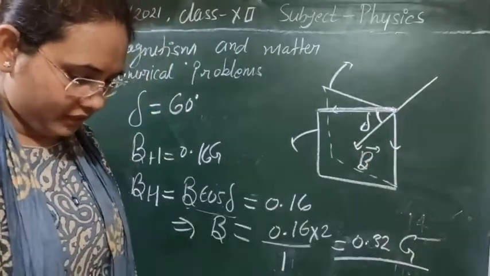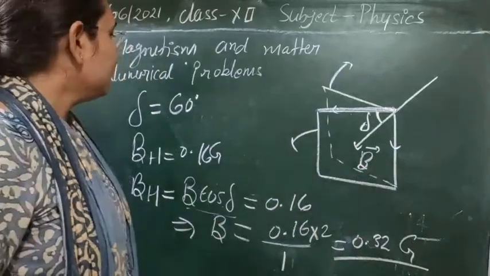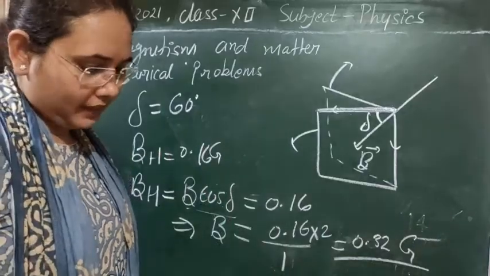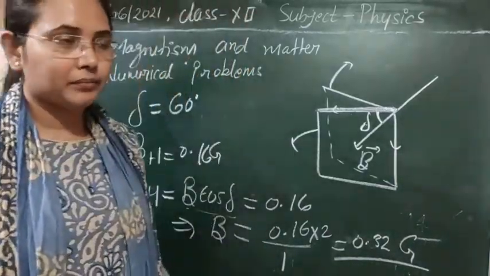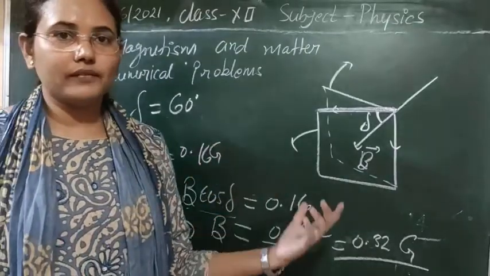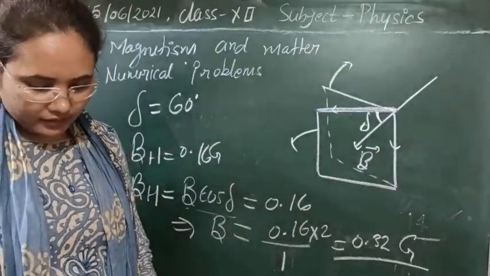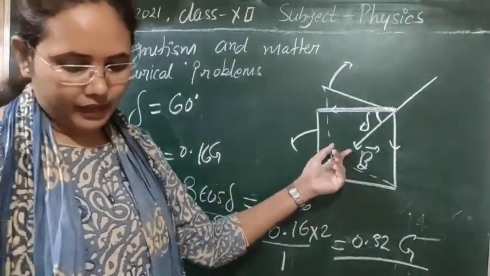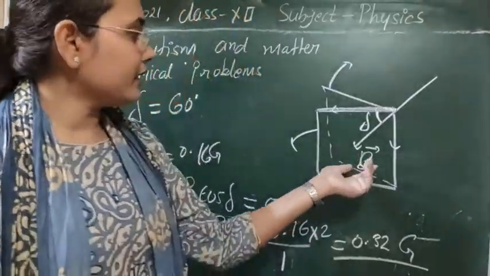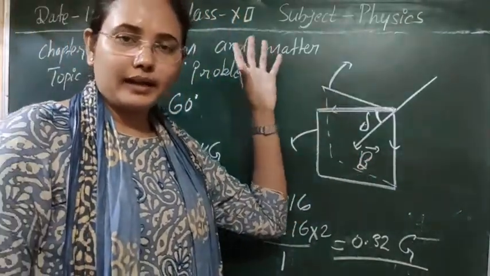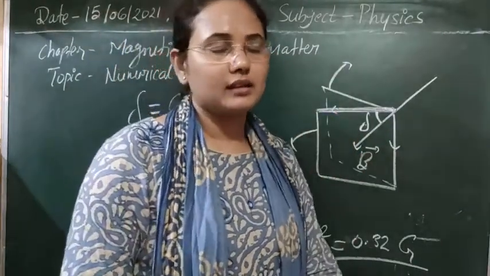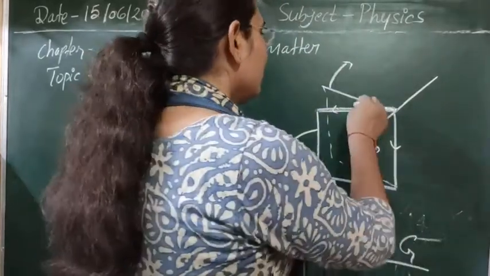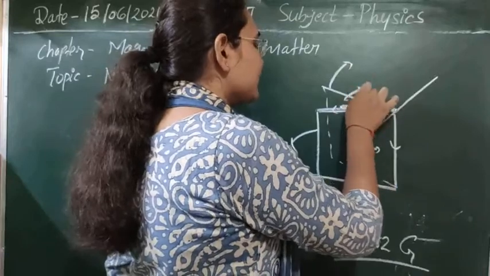Now the second question in the same problem was the direction of the magnetic field. The direction of the magnetic field was given as 12 degree west from the geographic north-south direction. It means that the net magnetic field will lie at an angle of 60 degree in the upward direction to the west of the north-south direction. Here 12 degree is given to us as the angle to the magnetic meridian, this alpha is 12 degree.